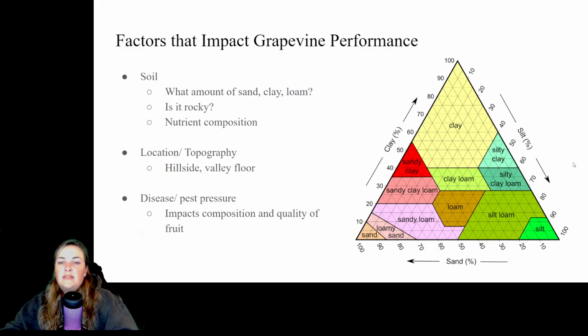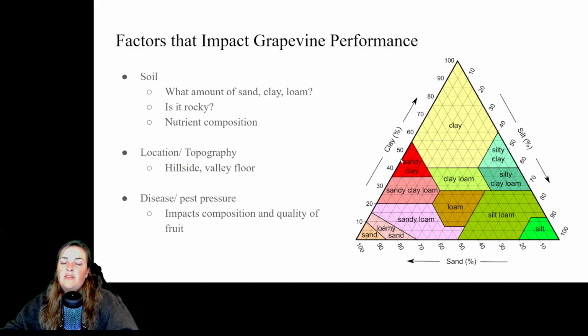Then we have silt, which is more of a medium size, and then we have sand, which is the largest size of particle, and a combination of these things forms the soil type. So there's clay loam, sandy clay loam, silty clay loam.